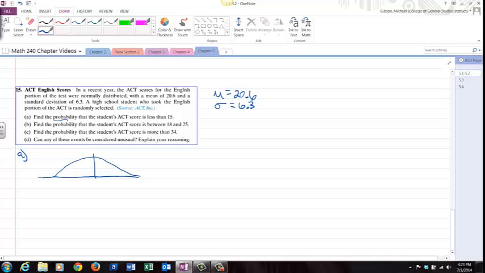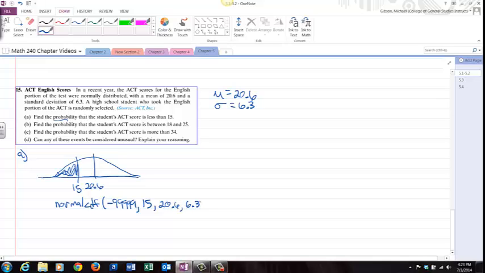All right, this time the mean is 20.6, so that's in the middle. We want less than 15, so that would be something like down here, right? It's a less than, so there's no lower limit. So that's normal CDF. There's no lower limit, so I'm going to use minus 99,999 for the lower. 15 is the upper. Now this time we're not standard normal, right? We have a mean of 20.6 and a standard deviation of 6.3.